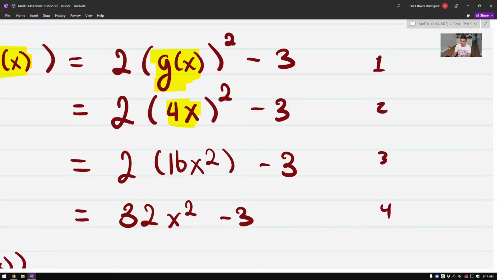So what I did there, we have an exponent. Okay, and inside the exponent, that exponent will apply to 4, but also will apply to x. So 4 raised to the power of 2 is 16, right? And then x raised to the power of 2 is x squared. Since we don't have a value for x, we just write the expression x squared.